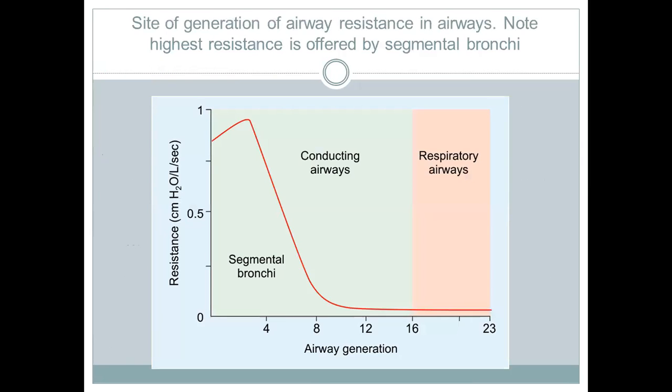So this is the site of generation of airway resistance in the airways. We can see that the highest resistance is offered by the segmental bronchi. You have the resistance on the vertical axis and the generations of airways on the horizontal axis. You have conducting airways and respiratory airways.